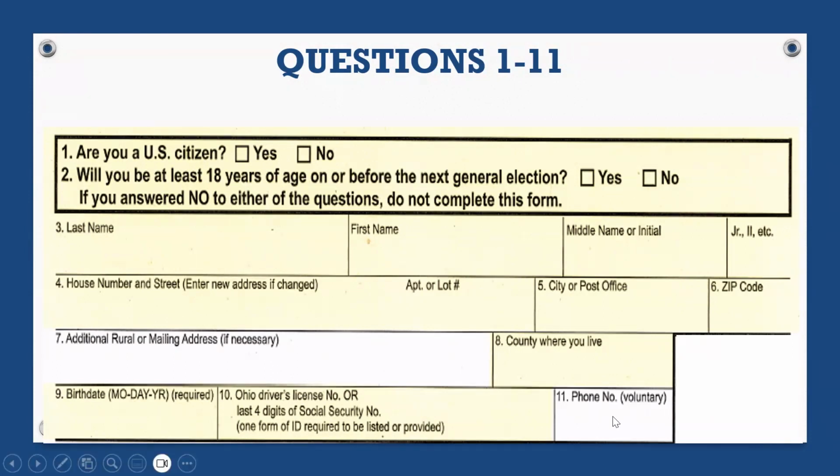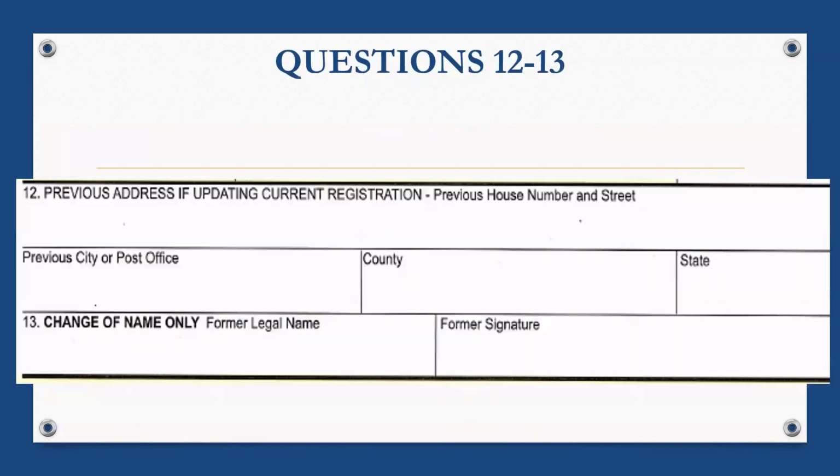The phone number is voluntary, but I do recommend that voters put this down, because if there are problems with any of the information that is put down here, the Board of Elections can reach out and contact them via phone. The second, middle portion of the form is where you would put your previous address, if you were updating your address, and also your previous name if you were updating your name with the Board of Elections.